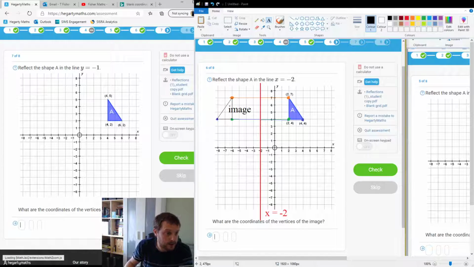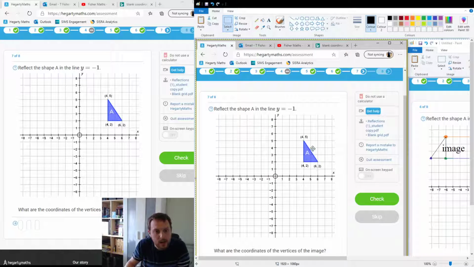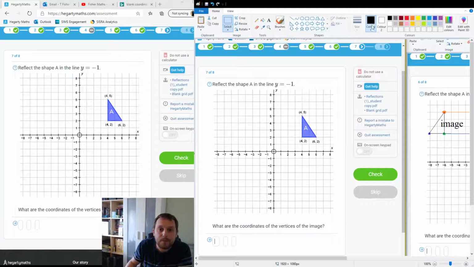Okay, this is the first one that's about y, so let me print screen on this. Now, when y was a number, it was a horizontal line that went through that number on the y-axis.